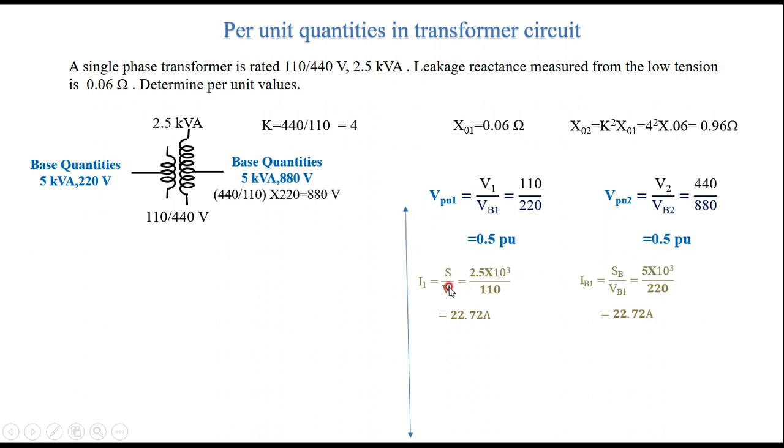Similarly, if you are looking into the current ratio, that is I1 and I2, IB1 I have calculated, IB1 is 22.72. Then if you are taking a ratio of I1 by IB1, you are getting 1 per unit. Similarly, if you are taking a ratio of secondary current to secondary base current, that also we are getting.